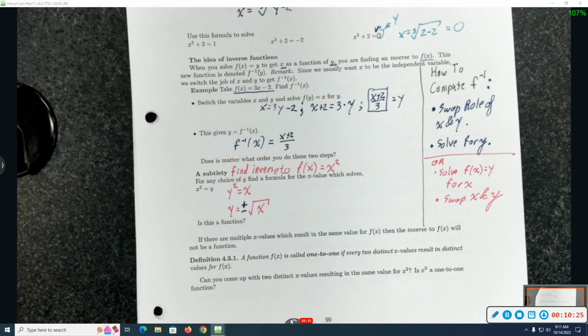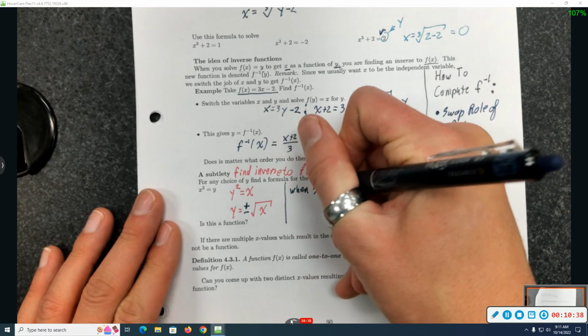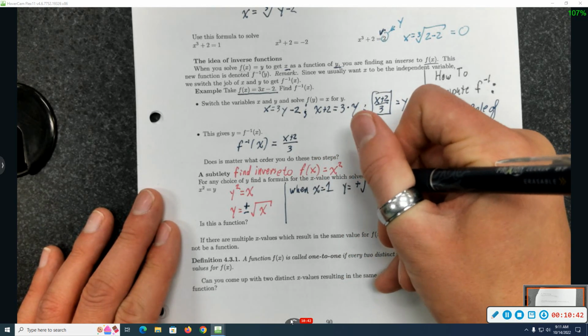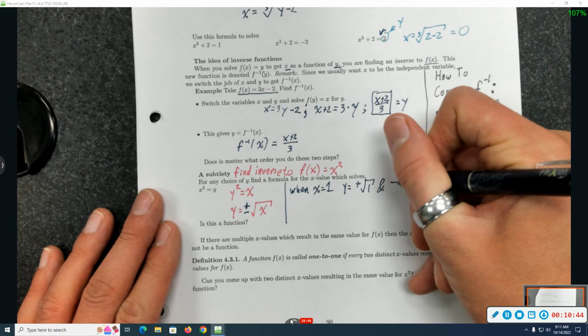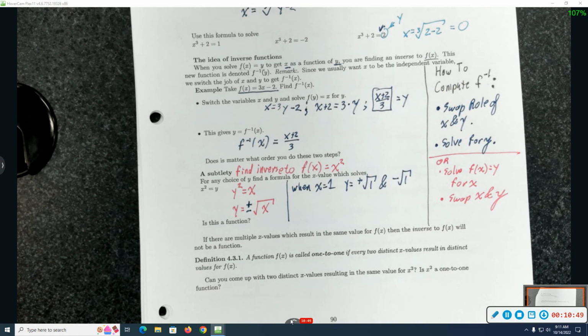Is that a function? No, a single input wants to give two different outputs. When you try to plug in x equals 1, y wants to take two values.